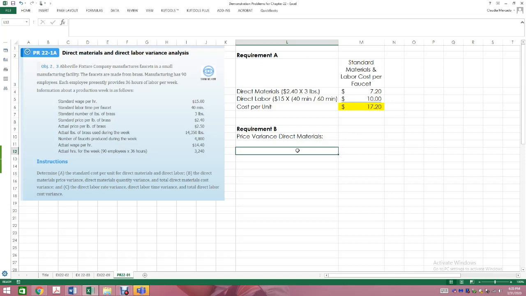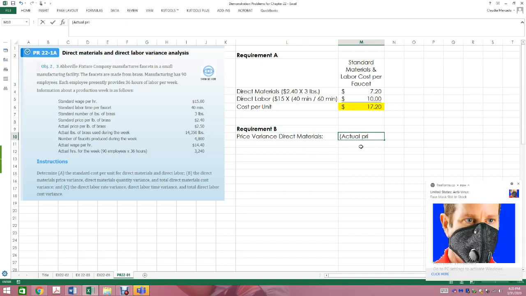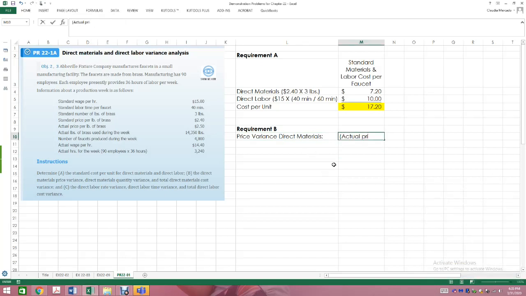I'll put it right here. Maybe I should just do price variance, that's fine. It'll be my actual price minus my standard price, times your actual quantity.